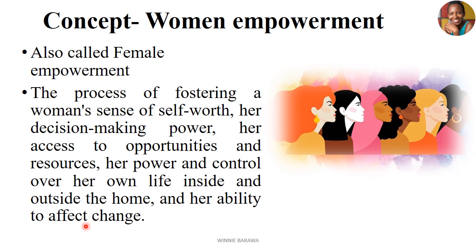Women empowerment, also known as female empowerment, looks into these areas by fostering women's sense of worth, looking into decision making powers of women, access to opportunities and resources, power and control over their lives, and the ability to affect change, not only in themselves but also in the society. So let's expound on these areas that women empowerment is focusing on and how these things were being affected among women.